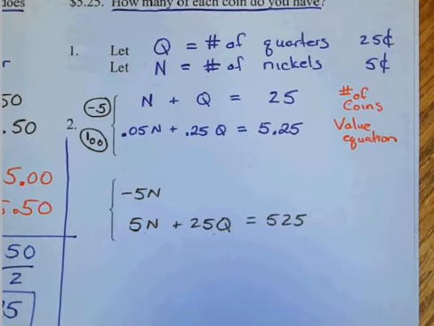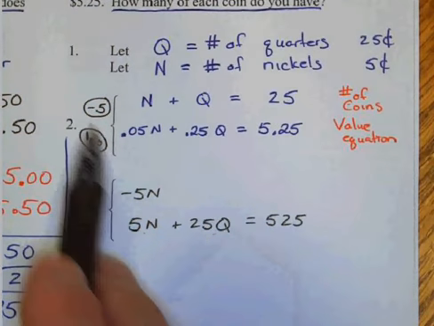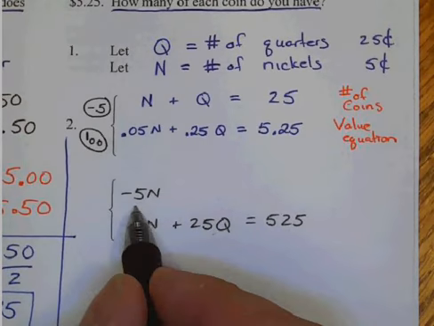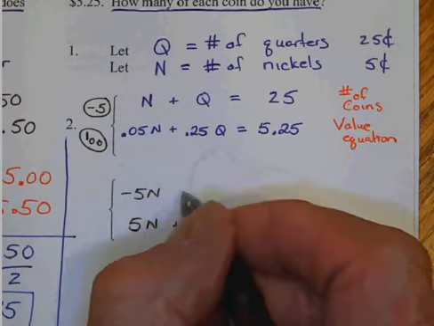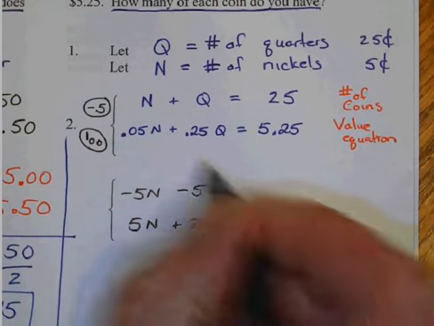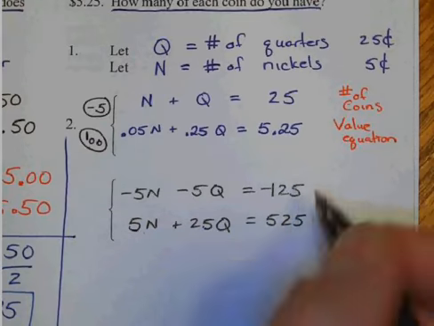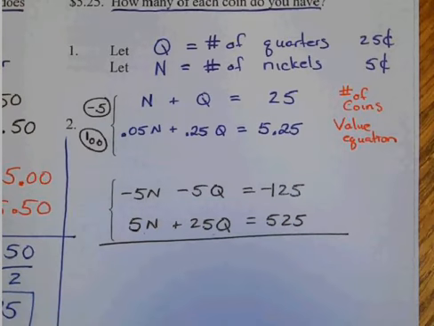So here we go. Now we're going to distribute the negative 5 to each of these parts in the second equation. So, negative 5 times N is negative 5N. Negative 5 times Q is negative 5Q. And negative 5 times 25 is negative 125. Once again, if you don't have your calculators out at this point, please do so, because we're going to be using them.